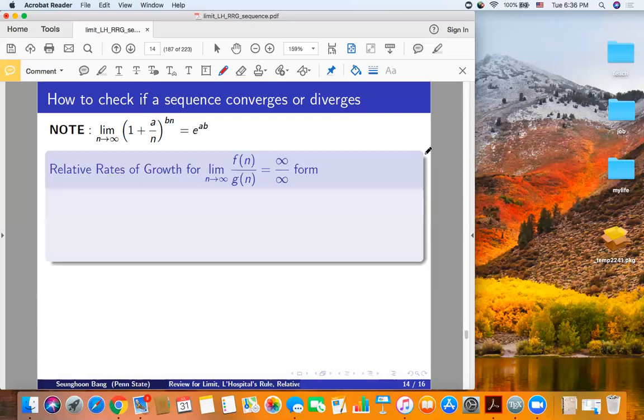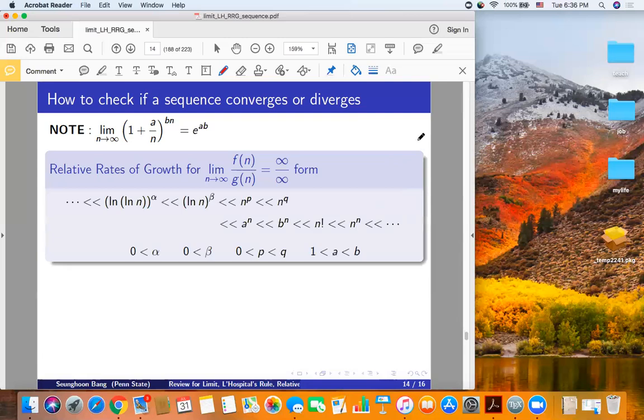Next is relative rate of growth. Similar, the only difference is that n factorial is here. One example: the limit as n approaches infinity of n factorial plus 5 to the n plus n to the 100, over 7 to the power n plus n to the 1000 plus 5.